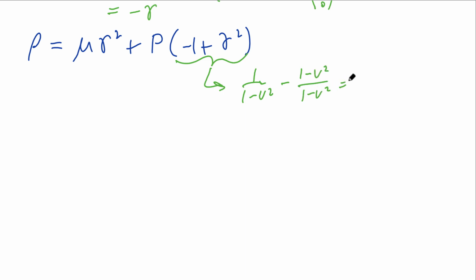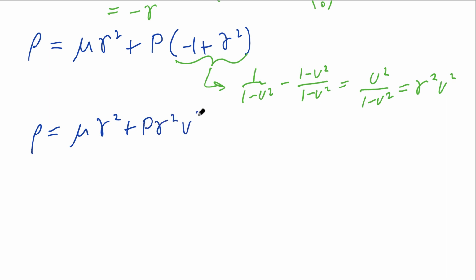So we have a common denominator. Now this 1 cancels this 1, and we're left with v squared over 1 minus v squared, which is gamma squared v squared. So our result is the energy density is equal to the rest mass density times gamma squared plus p times gamma squared times v squared.